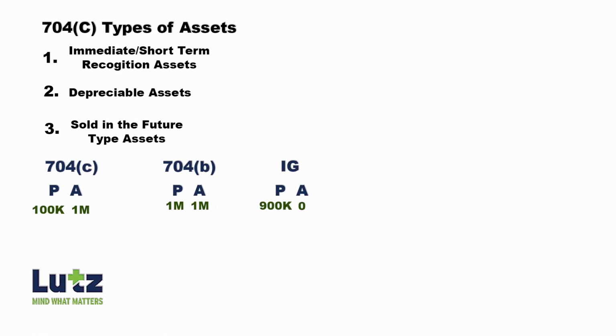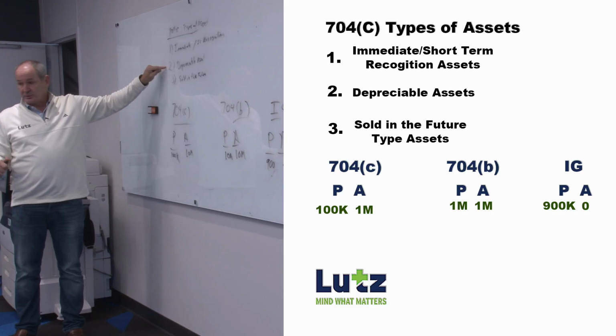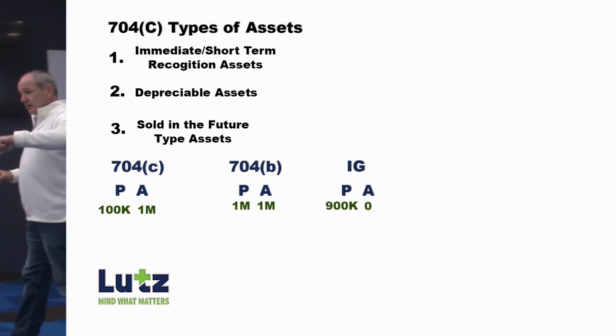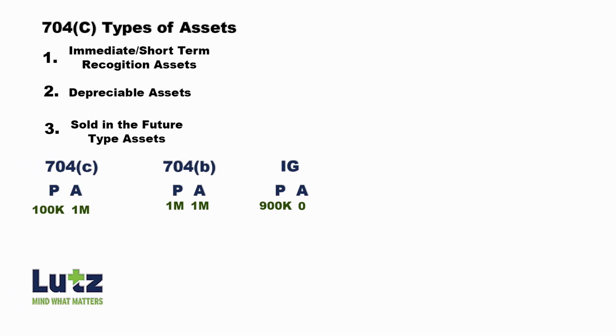And you're like, well, wait a minute, what's this required versus not required, and how do I know what to do? Okay, so now, what land falls into which category? Is it short-term immediate? No. Is it depreciable? No. Sold in the future. So that inherent gain is sitting there waiting to generate a required allocation, and the only time that's going to generate a required allocation is when? When it's sold.